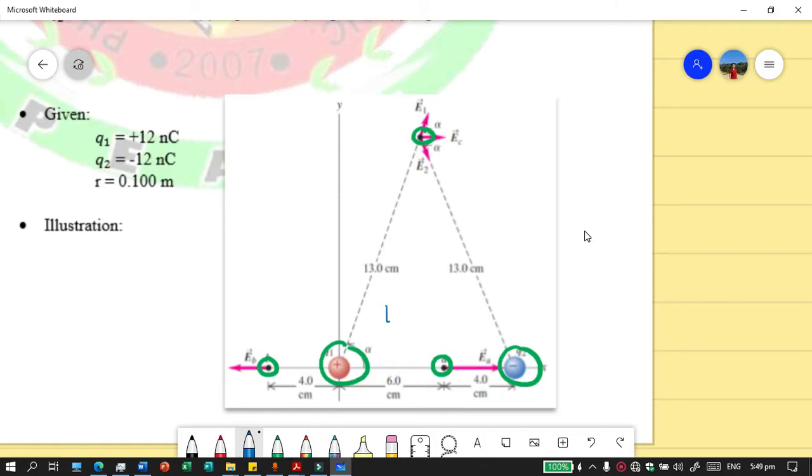So kung hanapin natin yung E1A, basically we are dealing with this one. Okay, so yung tinatawag nating E1B is that one. Okay ba? Now, yung tinatawag naman nating E1C is basically this one. Okay? I hope it's clear.